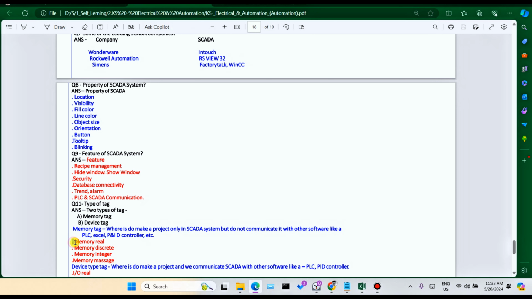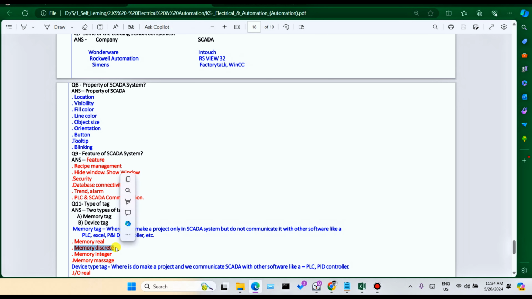Other types of tag in a SCADA system: memory real, memory discrete, memory integer, and memory message. What do we mean by memory real? Memory real means integer or float memory, meaning point data.